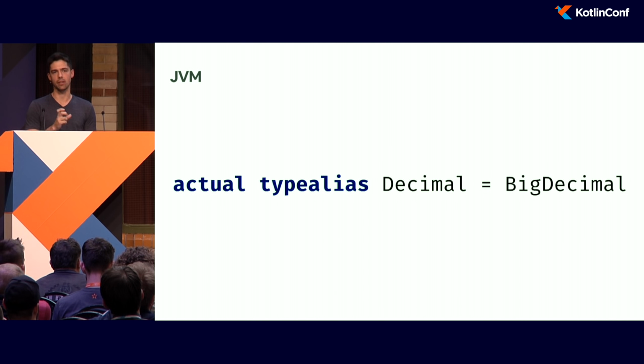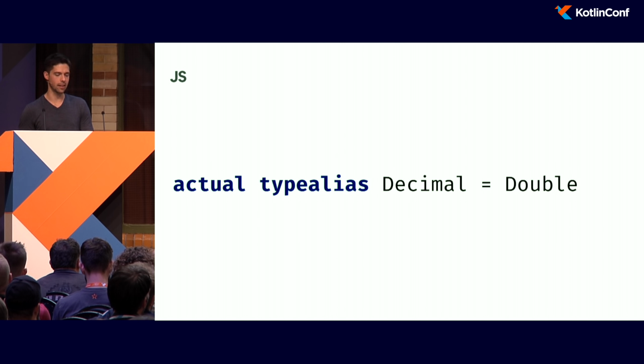You can use typealiases to assign that to an existing class, so we don't have to re-implement it. In this case, I can use the big decimal class in the JVM SDK to assign to the decimal class that I have. And if I'm targeting JS, then of course big decimal doesn't exist because that's a Java class, so I can just use a regular double and move on.